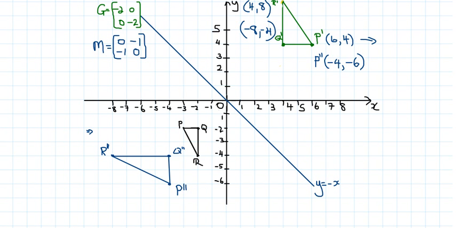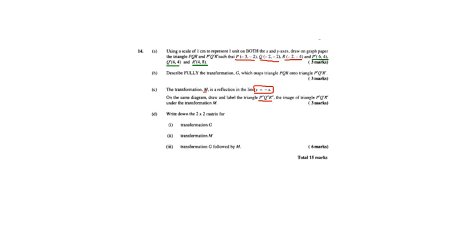So we have G, we have M. And the part I want to talk to you about now, which involves some matrix multiplication, is this little piece here, which says the transformation G followed by M. The wording of that statement is very important.